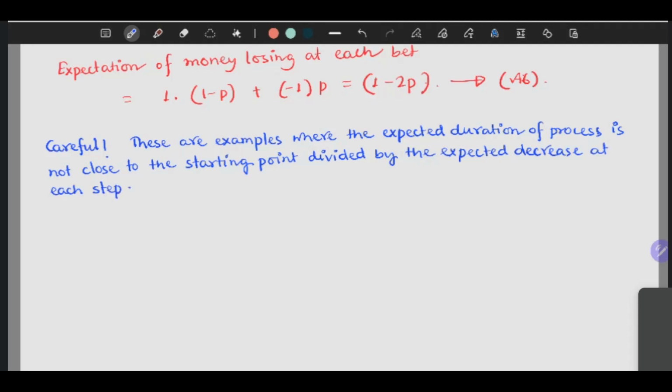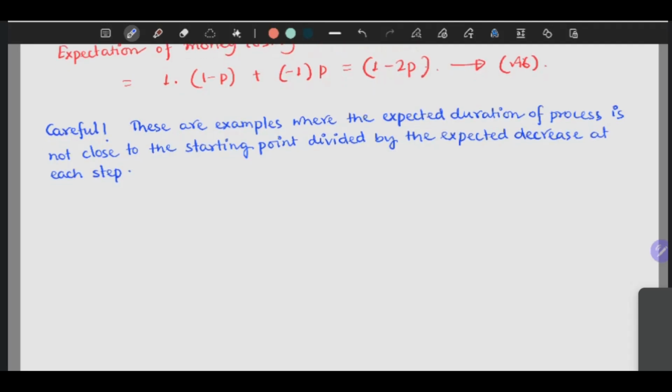So this expected duration of process is not close to the starting point, because we have just used some limits of these problems.